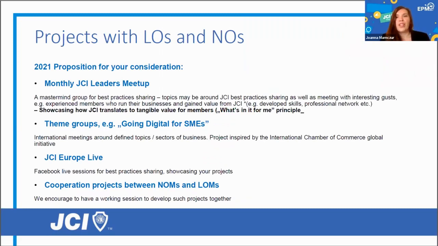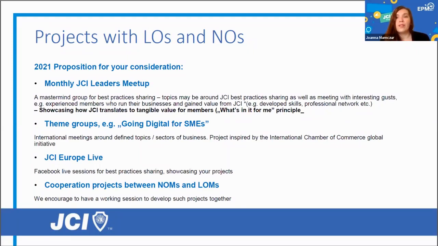We also encourage you to be proactive in organizing projects on the local and national level. We have a number of suggestions how to do it and how to connect also internationally. One of the suggestions is to do monthly JCI leadership meetups.